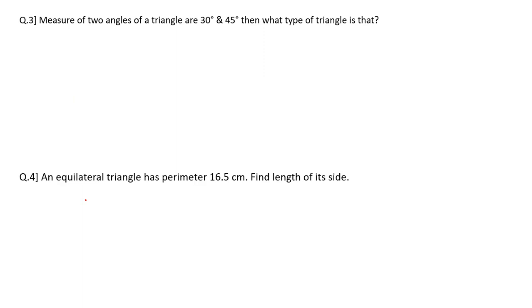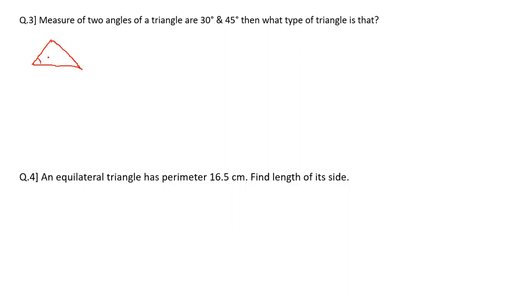Now question 3rd. Measure of two angles of a triangle are 30 degree and 45 degree. Then what type of triangle is this? Now look here. First of all, we draw here a triangle.